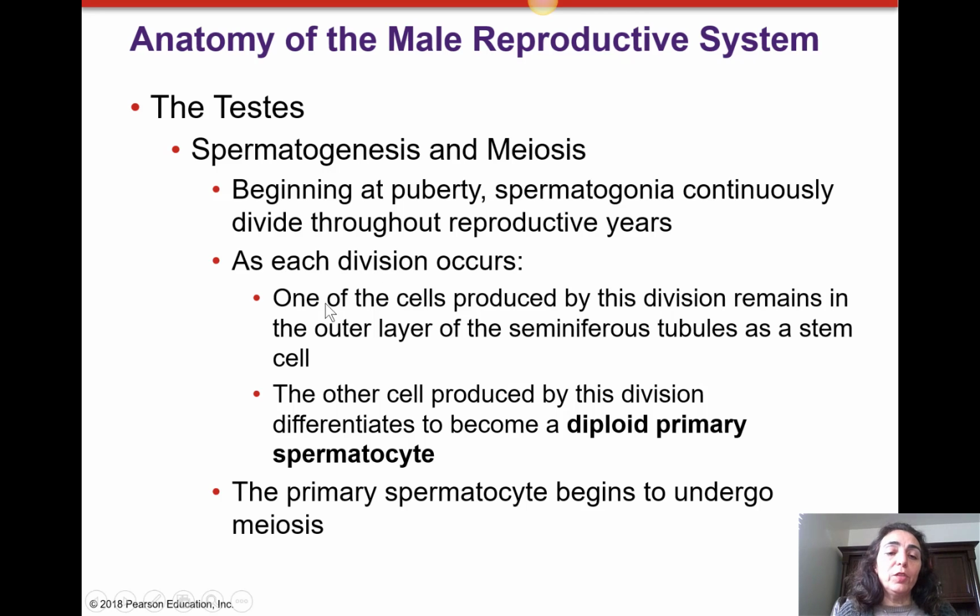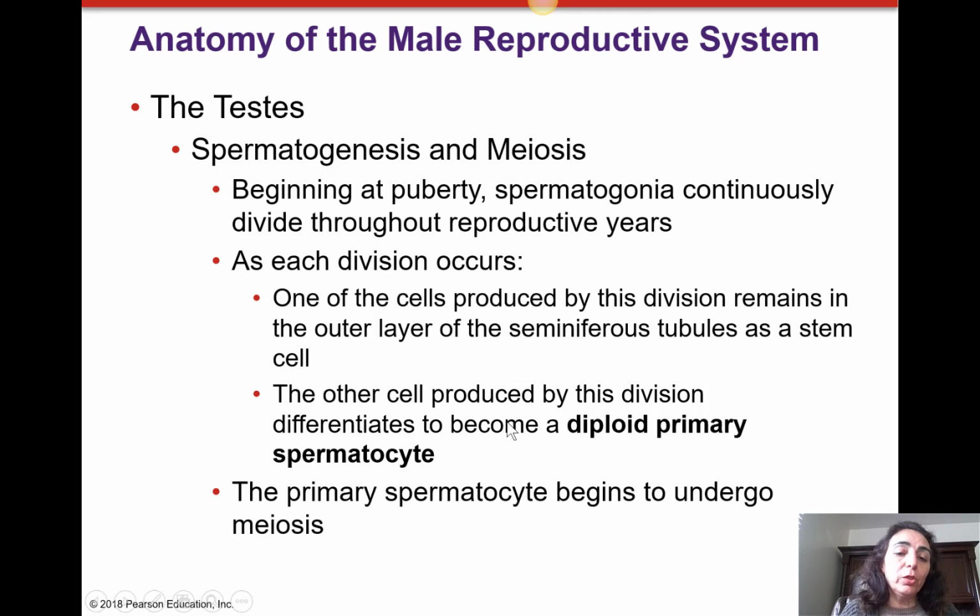So one of these two daughter cells produced by this division remains in the outer layer of the seminiferous tubule in the original place as a stem cell, so that the pool of stem cells remains intact. Otherwise, after a while, all the stem cells would be gone, right? But from each division, one of them remains to fill the place of the original parent, right?